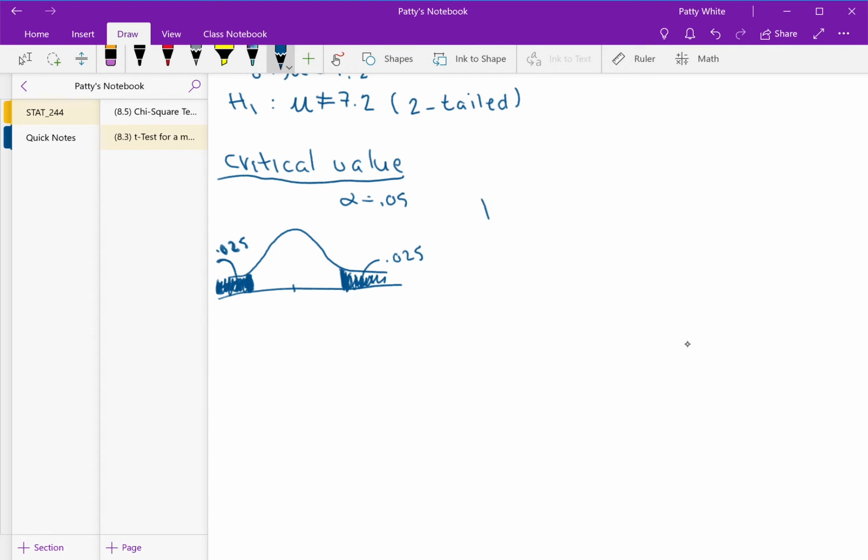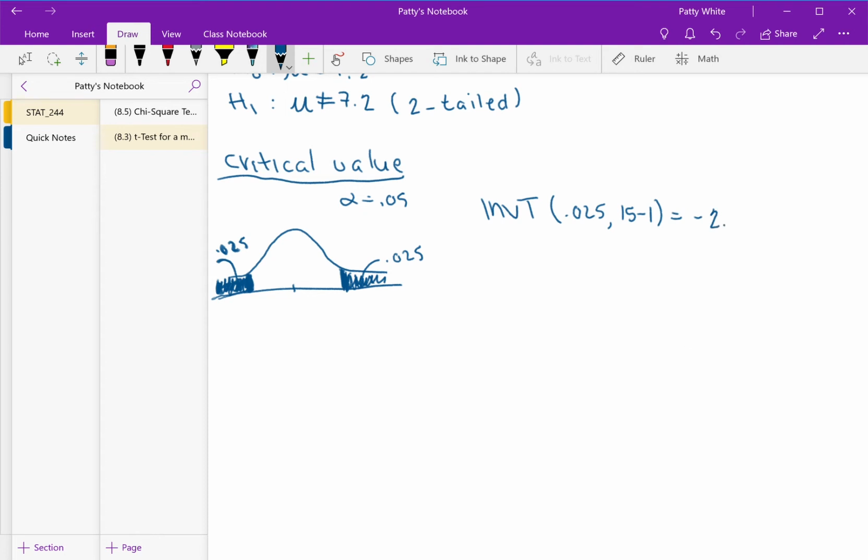We can use inverse t, because we have the t distribution. And the input values are the area. So from negative infinity all the way up to our first critical value, the area is 0.025. And then our degrees of freedom, which is going to be 15 minus 1, our sample size minus 1.